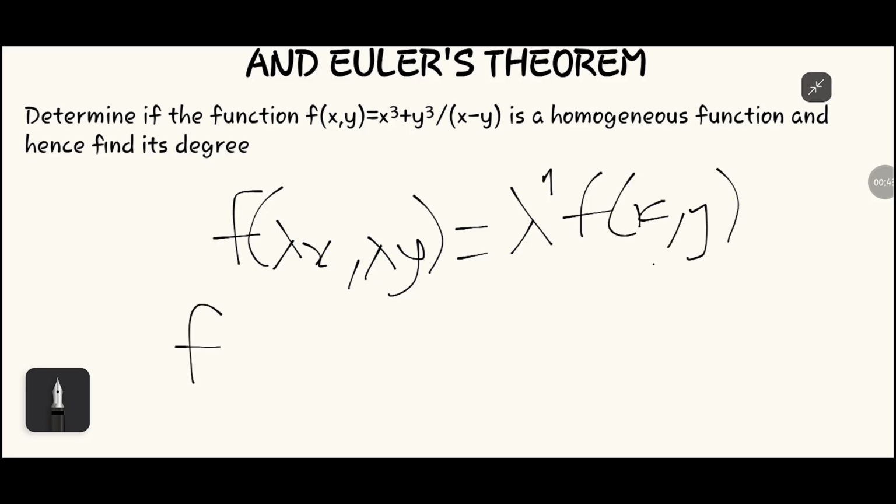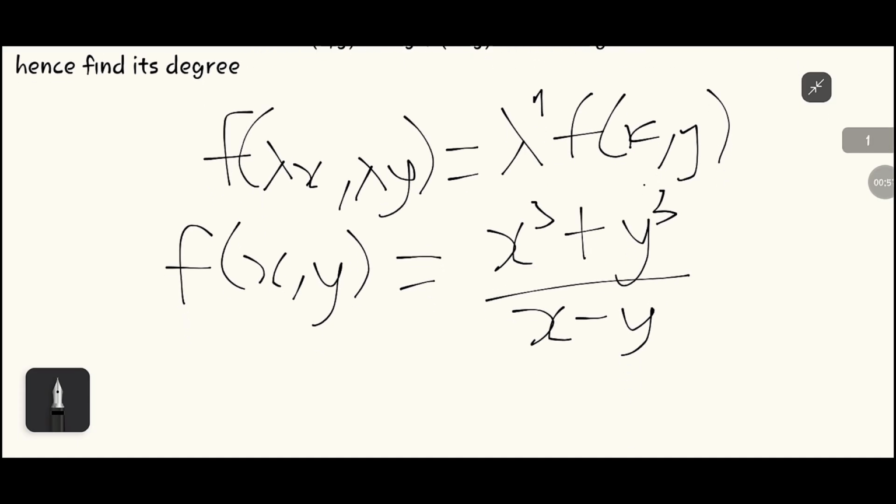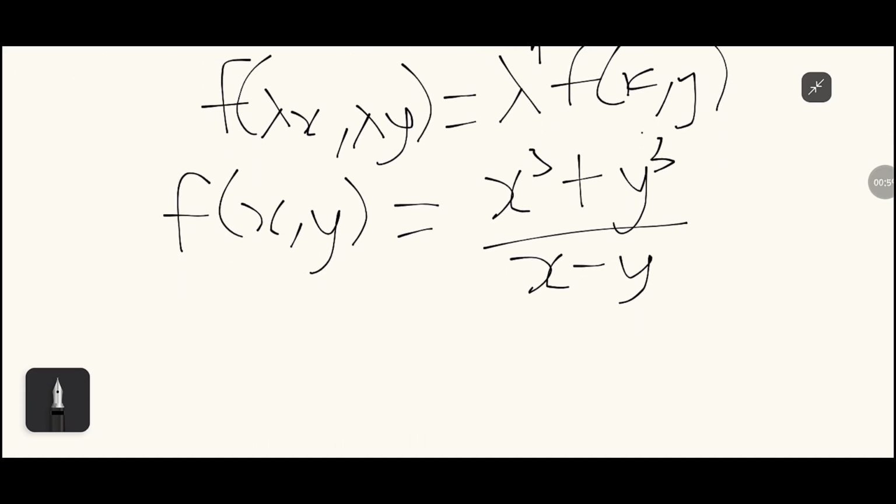So the function we have here is x cubed plus y cubed all over x minus y. Now, we are checking if it's a homogeneous function. We are going to input lambda x and lambda y in place of x and y.